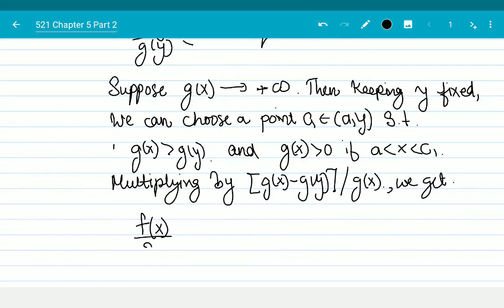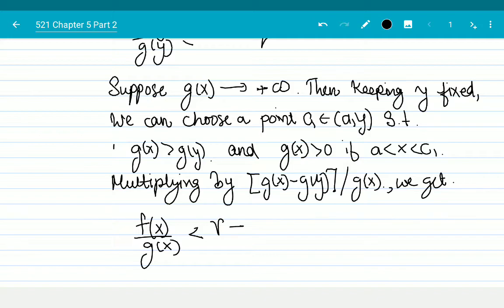So f of x over g of x is strictly smaller than r minus, well, on the top technically I had f of x minus f of y.